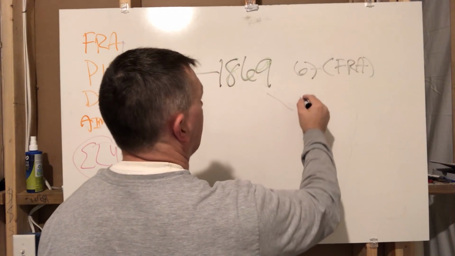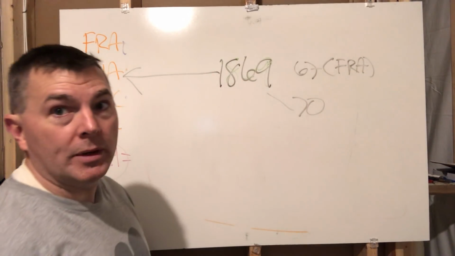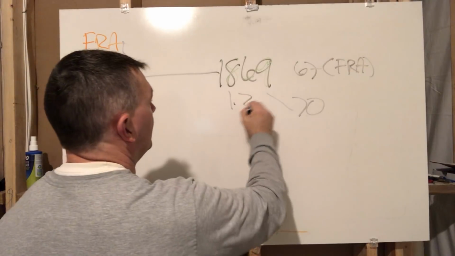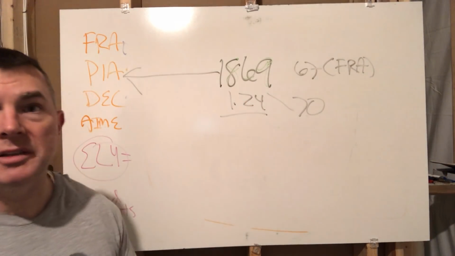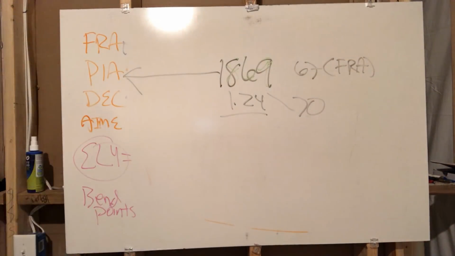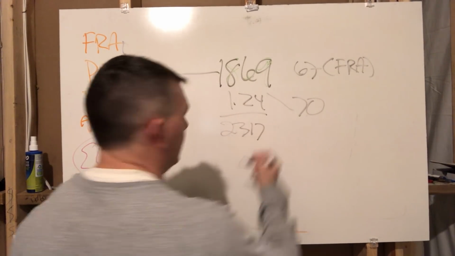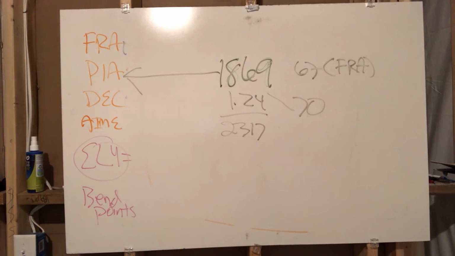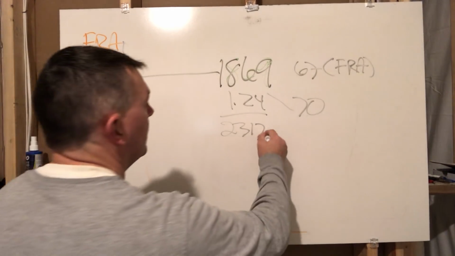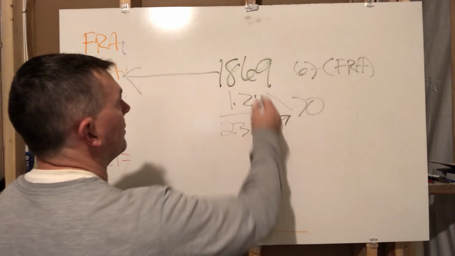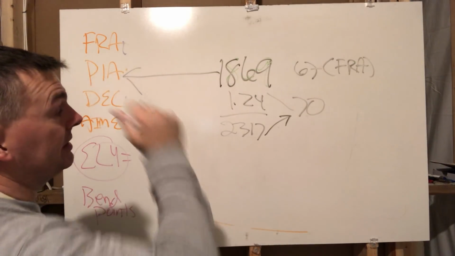Now if I take it at 70, I get 1869 times 1.24 because I get those 3 years of delayed retirement credits. So 1869 times 1.24 equals 2317. If I take it at 70, I get 2317. If I take it at full retirement age, I get 1869.